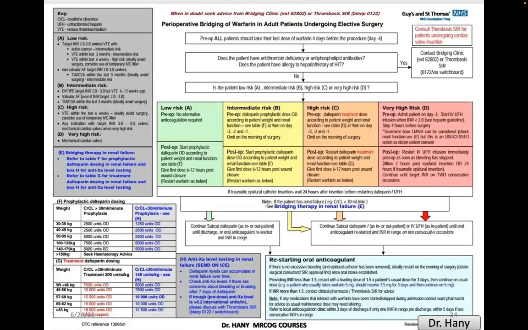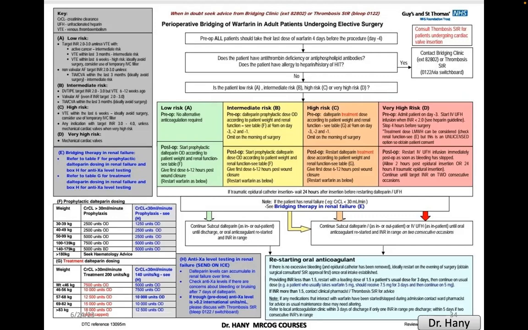The bridging. I will make it like a story again. If a woman is taking warfarin in pregnancy, I will stop the warfarin at 36 weeks or 2 weeks before elective birth. If she would deliver at 38 or 39, I will deliver at 36. And I will shift the patient to a treatment dose, not a prophylactic dose. I will start it after 2 days because the warfarin is already high INR.